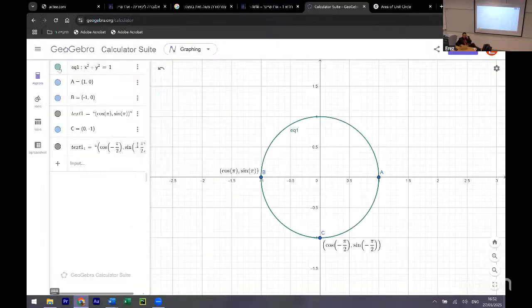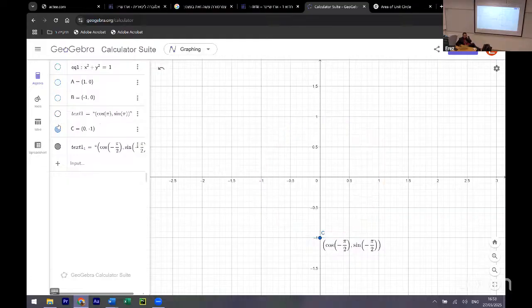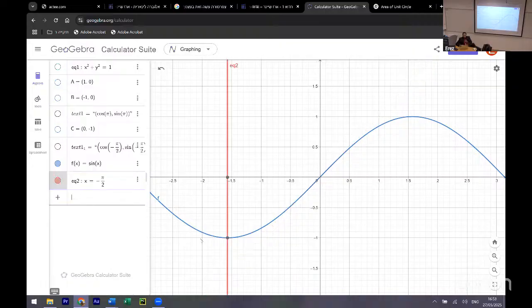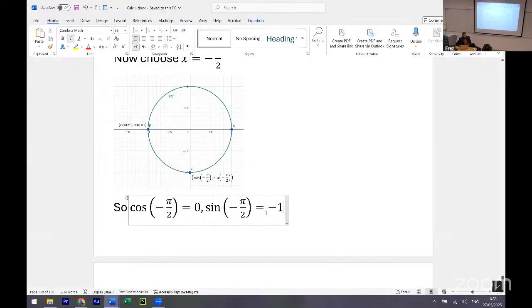It's a bit confusing to do it on the same graph, so I'm deleting everything. But if I plot sine, I gave you an example of 2 values. One of them, the second one, was minus pi over 2. What is the y value of sine here? -1, exactly what we said.